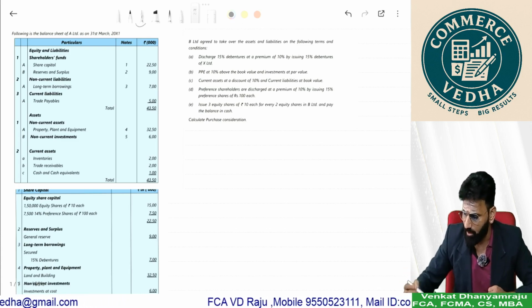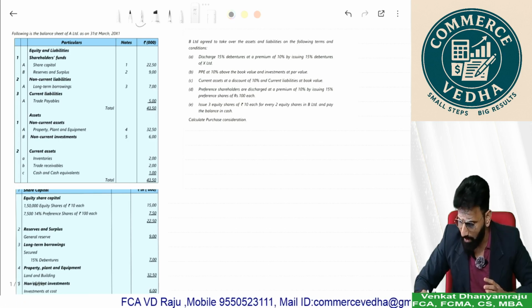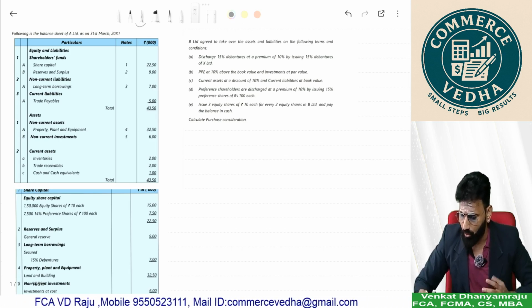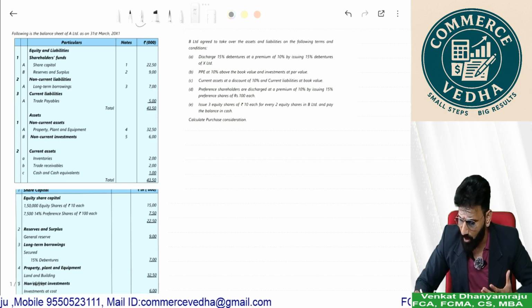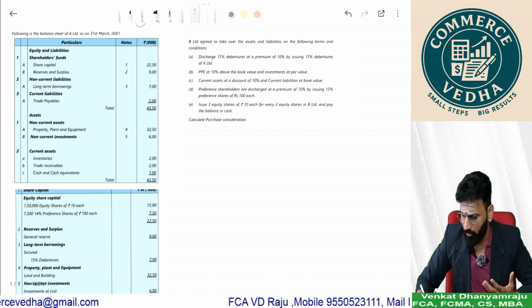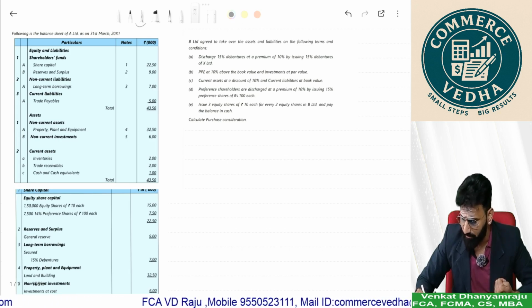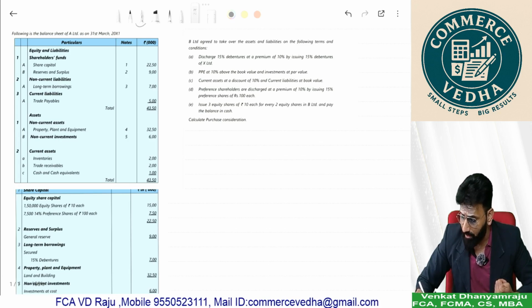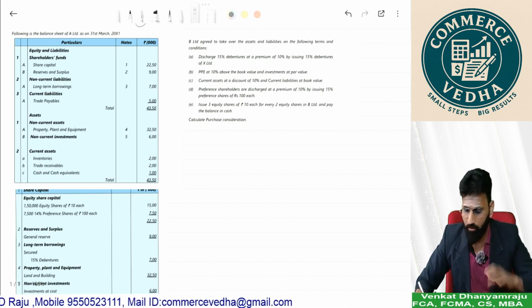In the question, you are given a balance sheet. So you have share capital, reserves, long-term borrowings, trade payables, and property, plant, equipment, non-current investments, inventories, trade receivables, and cash equivalents.